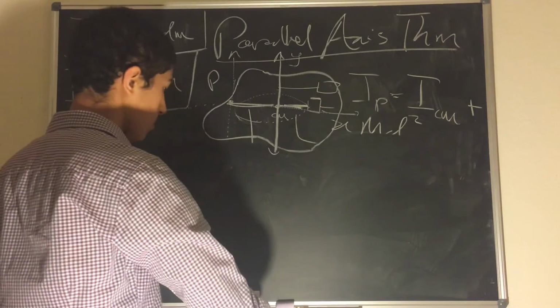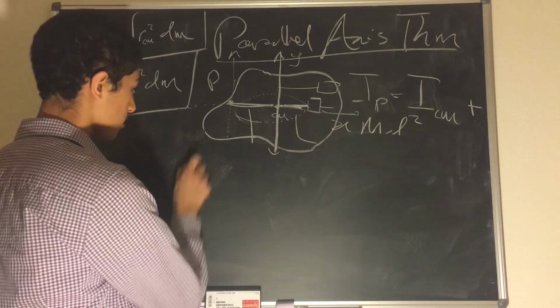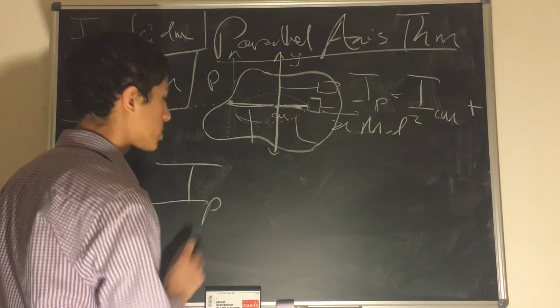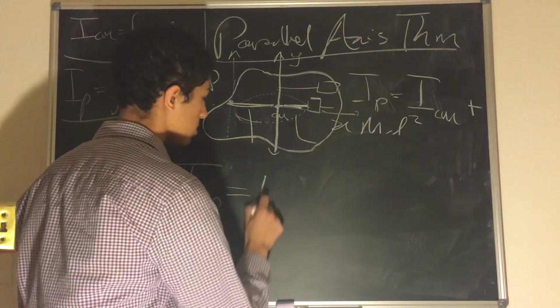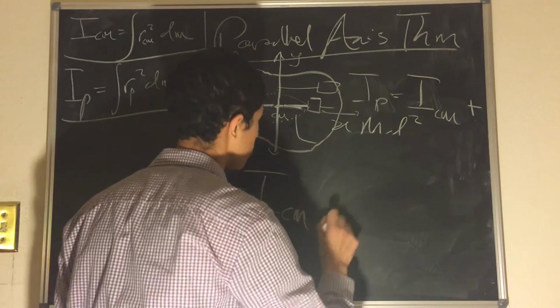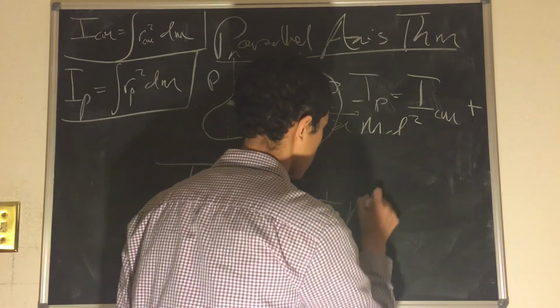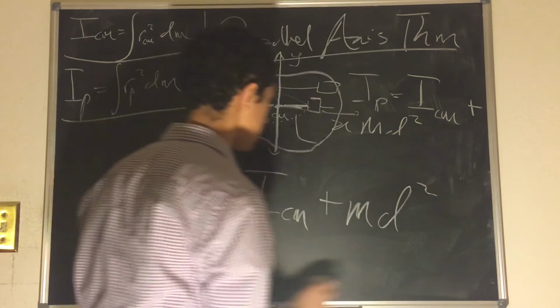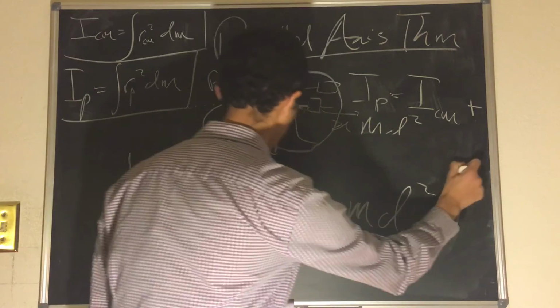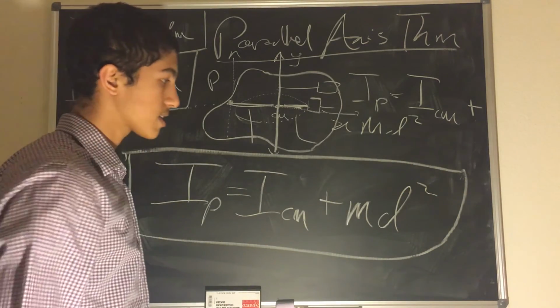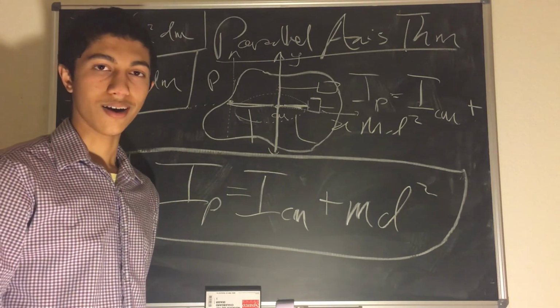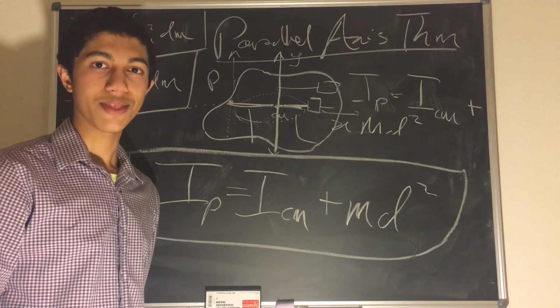Then we are left with our parallel axis theorem, which states that I_P is equal to I_CM plus m d squared. And this concludes our section on the parallel axis theorem. Thank you very much.